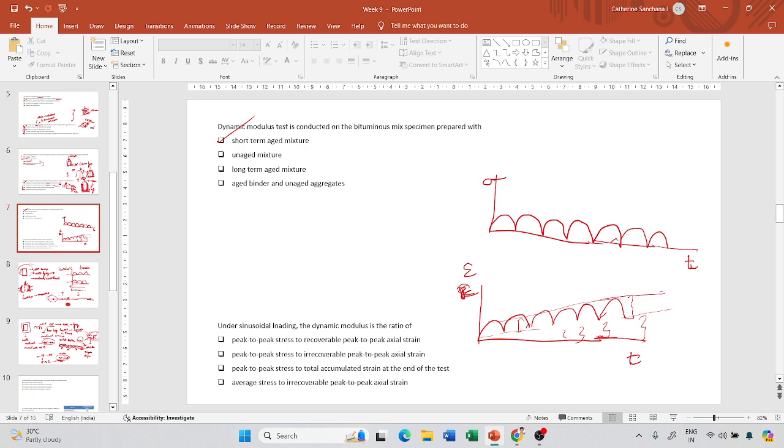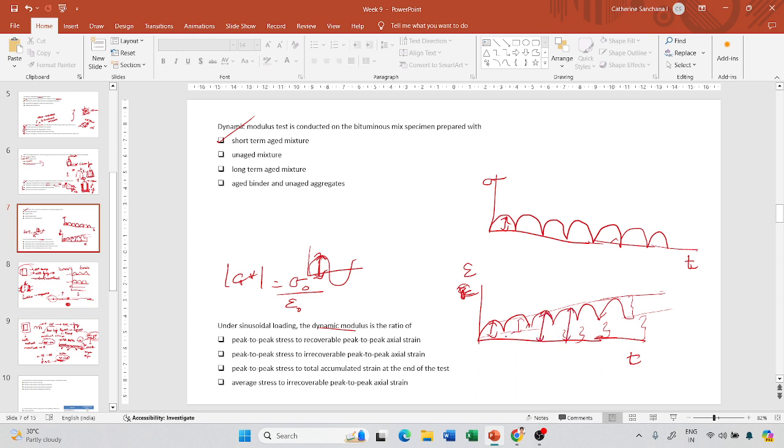Even in the viscoelastic lectures, we saw that when a sinusoidal loading is applied, the absolute value of the complex modulus G star is sigma naught by epsilon naught, the ratio of the peaks. Here also you will take the ratio of the peaks and say that it is the dynamic modulus. But you will not take the entire value like this.